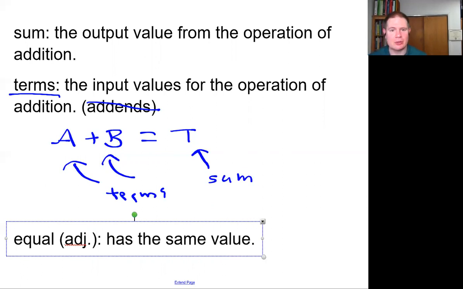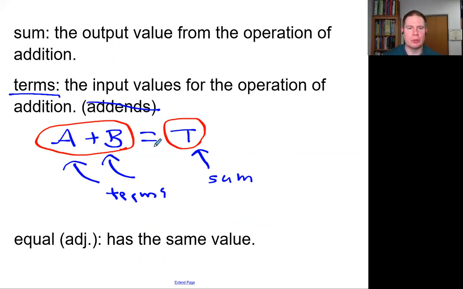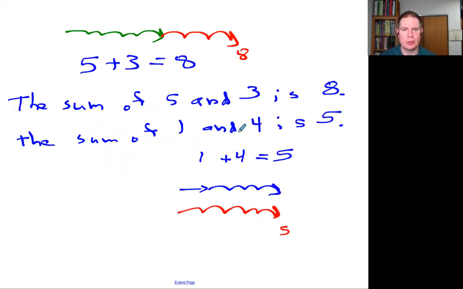Adjective, right? I can say this expression, A plus B, is equal to this expression, T. They both have the same value. That's what this symbol is telling me, right? So that's where we need the verb in that sentence, is, or if we're more precise, we could say is equal to.